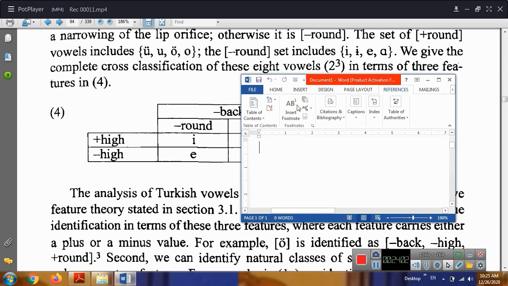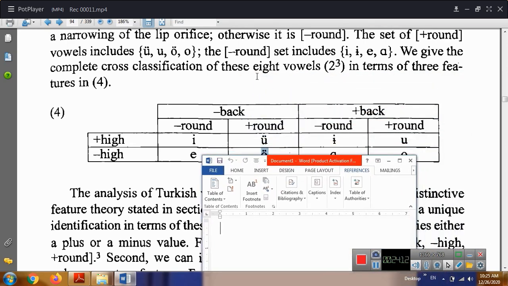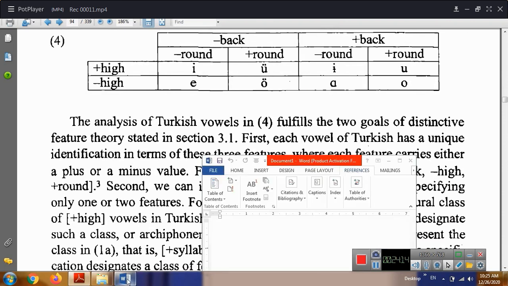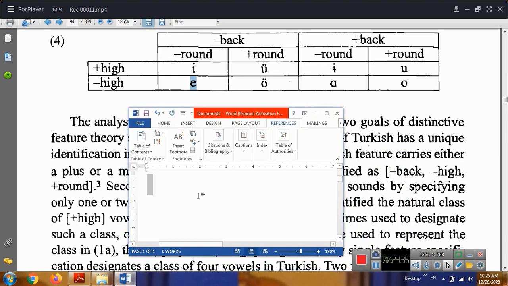For example, I want to write about A. We want to specify A. Here we write, we have A.